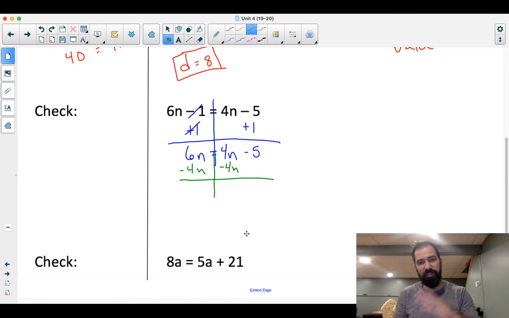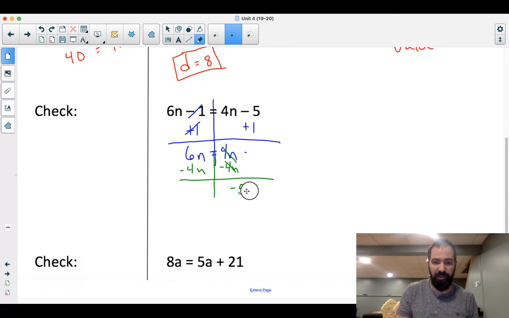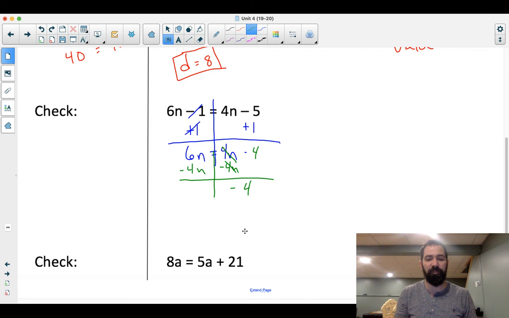And whatever you do to one side, you have to do to the other. We keep it balanced. Our 4n's cancel. We're left with negative 5. Oh, sorry. Negative 5 plus 1 is negative 4. I forgot to actually do the math there. And we're left with negative 4 over here.